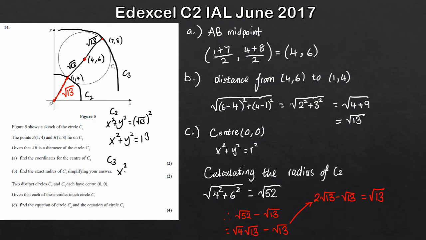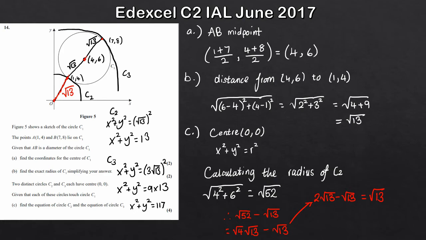It's going to be x squared plus y squared is equal to 3 lots of root 13 squared. So that's going to be x squared plus y squared equal to 9 times 13. So that'll simply be x squared plus y squared is equal to 117 there. Okay, and that's both our equations for C2 and the equation of circle C3.